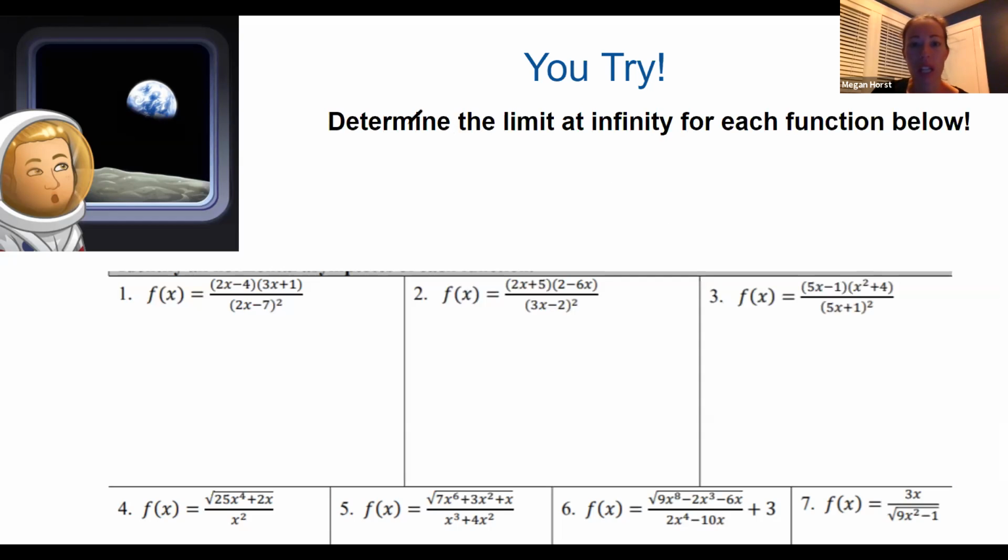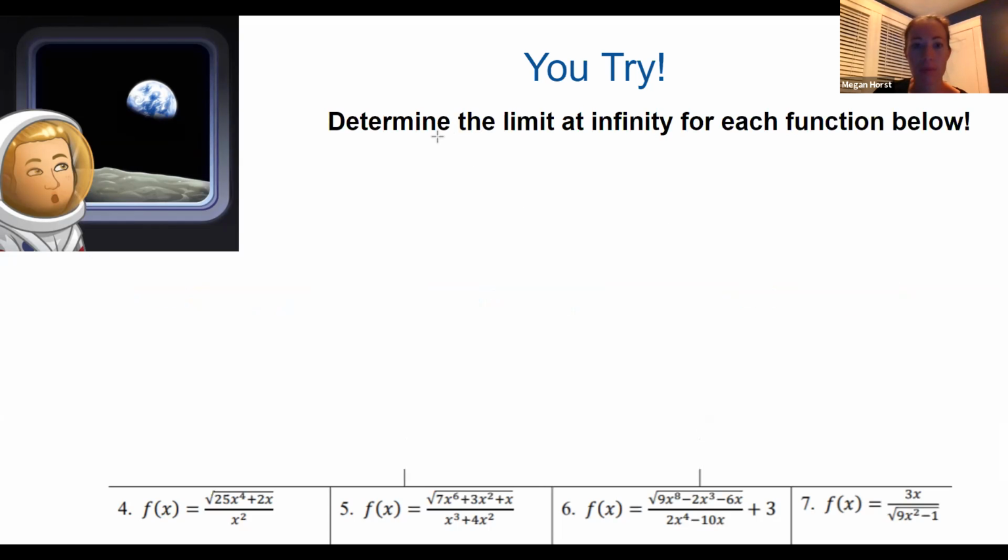All right, for our last one, we have the limit as x approaches infinity of 3x divided by the square root of 9x squared, subtract 1. I'm not going to simplify anything in the numerator.